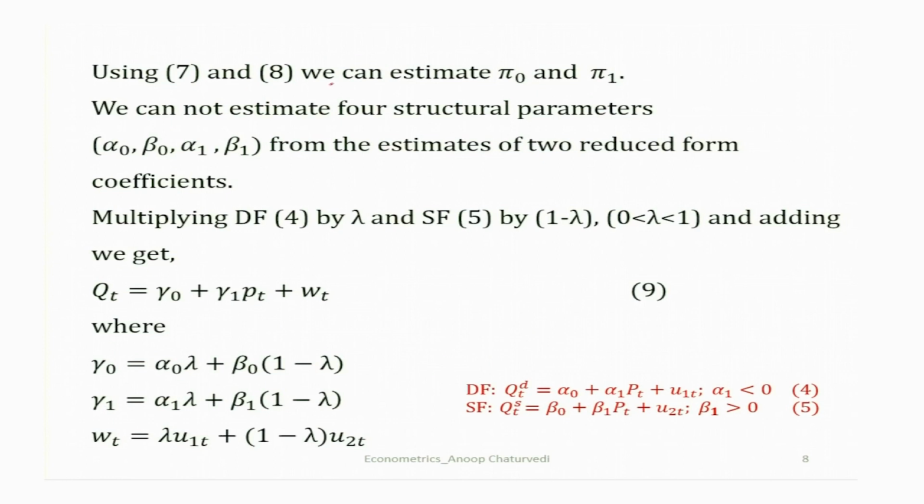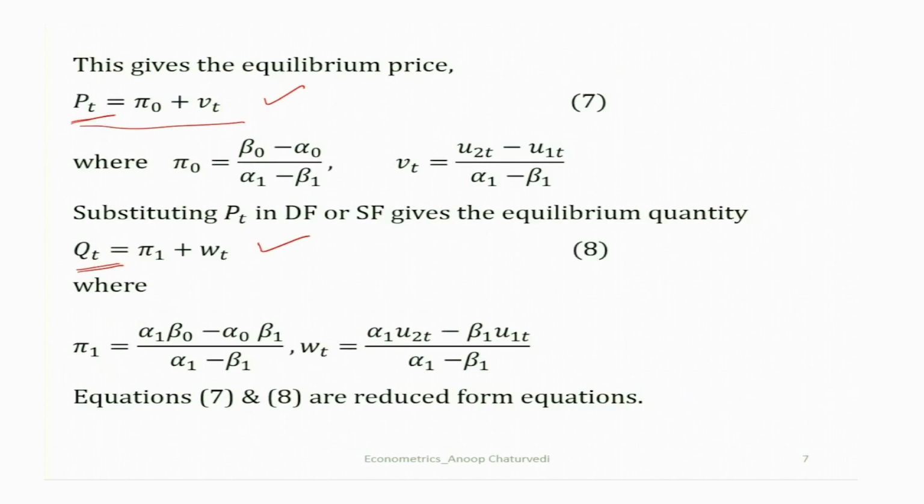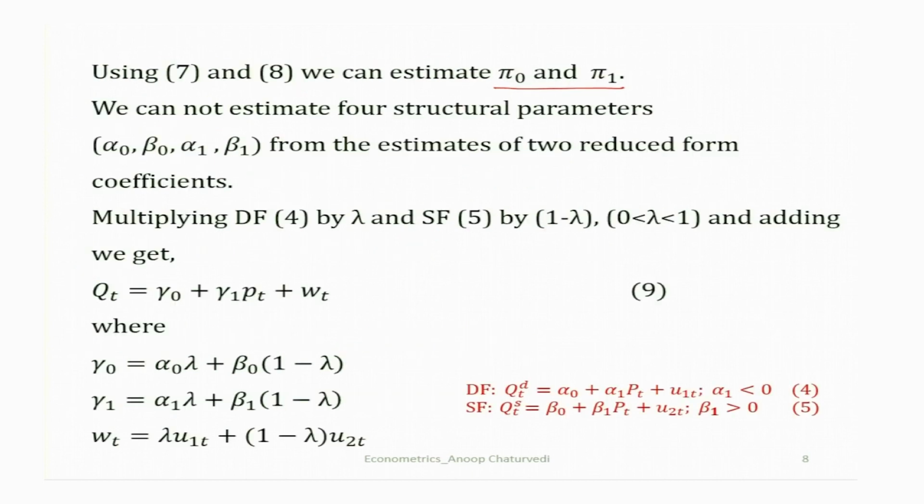Then using 7 and 8, we can estimate pi naught and pi 1. You just apply the method of least squares. In fact, pi naught hat is simply P bar, the mean of P t's, and pi 1 hat is Q bar. So, we can estimate pi naught and pi 1.